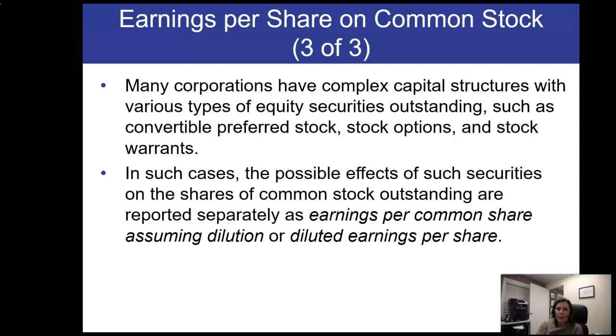I'm not going to make you do that. You are welcome. I promise you. But just beware that if you've got these more complex kinds of structures, calculating basic earnings per share is not going to be adequate, and you will need to calculate diluted EPS.